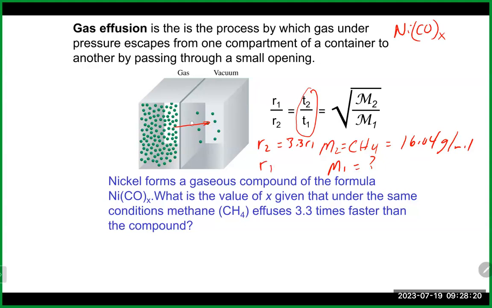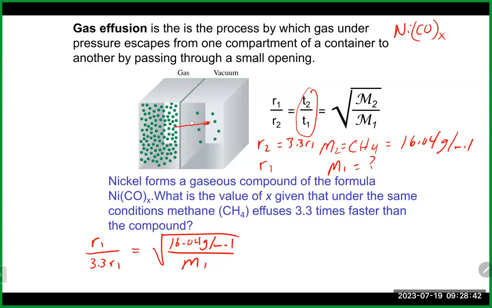So if we put this into our formula, we'll do R1 over 3.3 of R1 is equal to the square root of M2, which I did as 16.04 grams per mole, over the molar mass of my unknown compound.